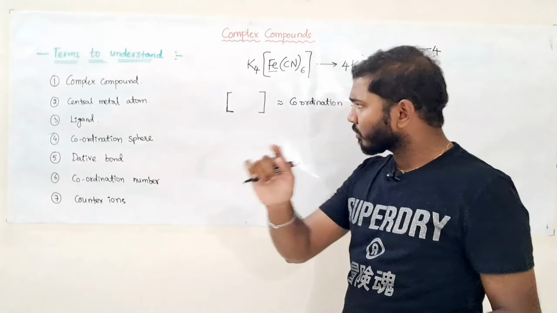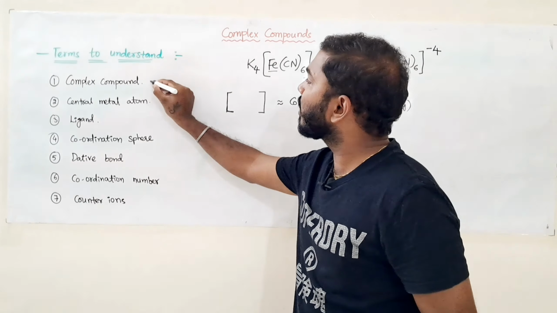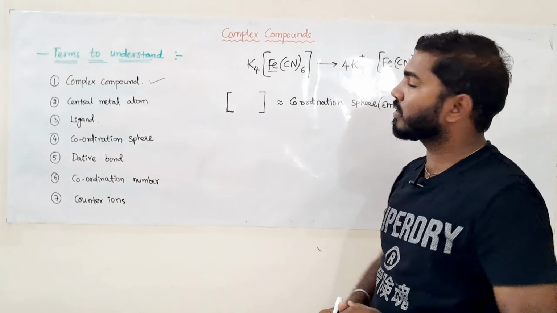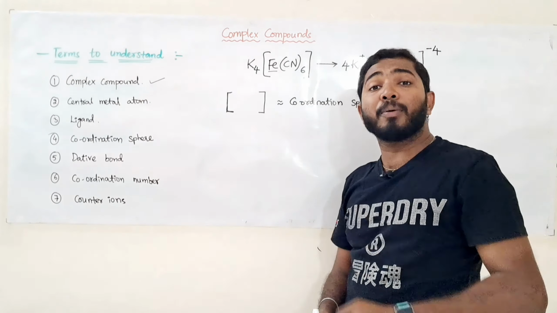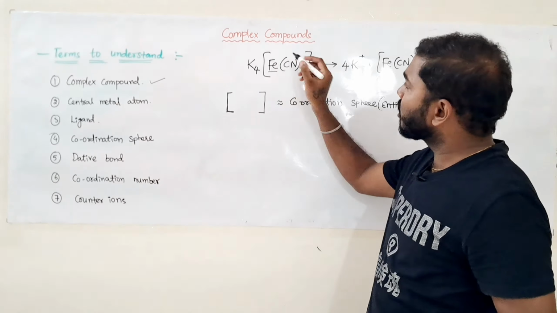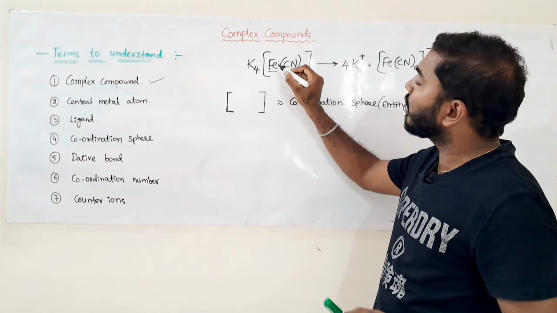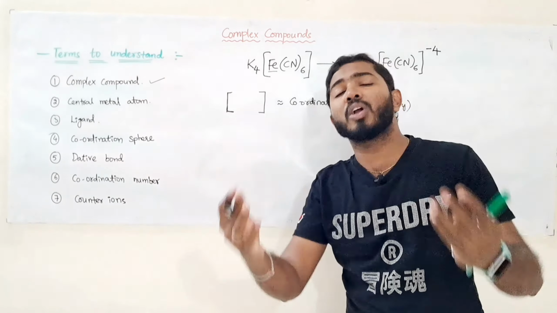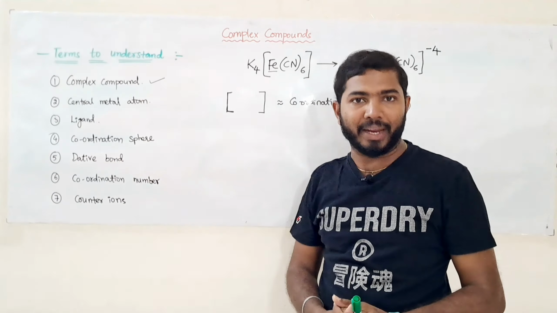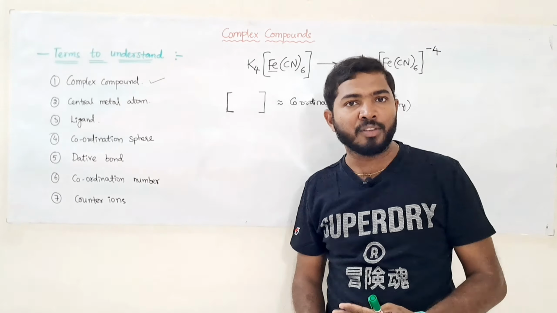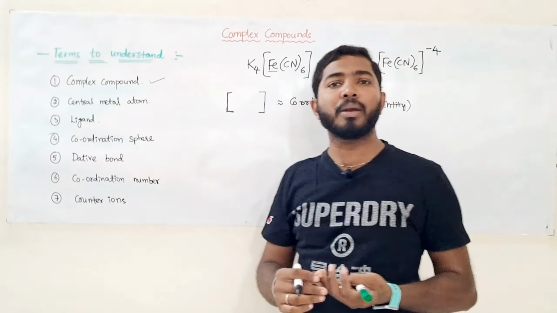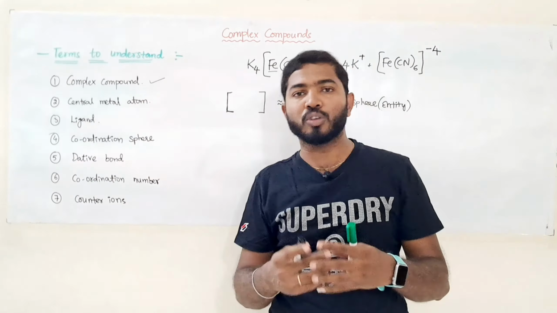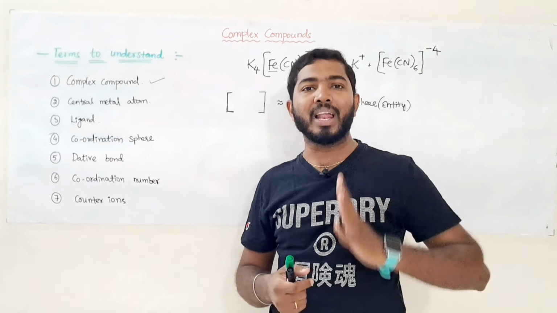Hope you understood. Now let me give you a proper definition for the term complex compound. Complex compounds are compounds in which the central metal atom forms more bonds than what we expect, so beyond its valency. One of the very important properties of transition metals is that they exhibit variable valencies.